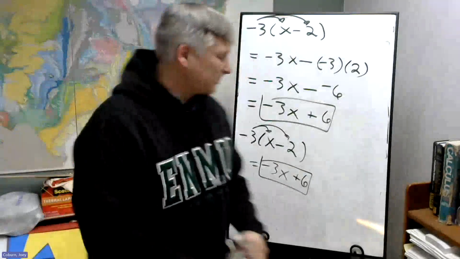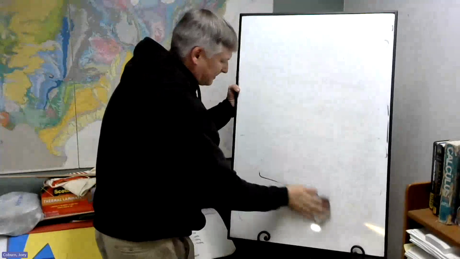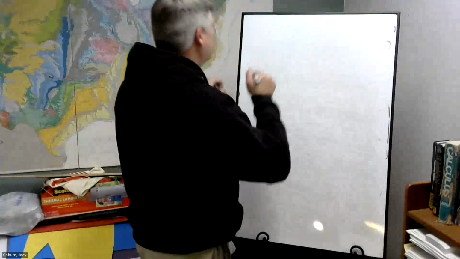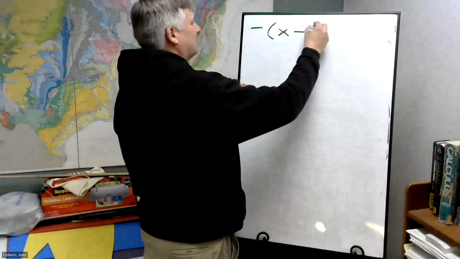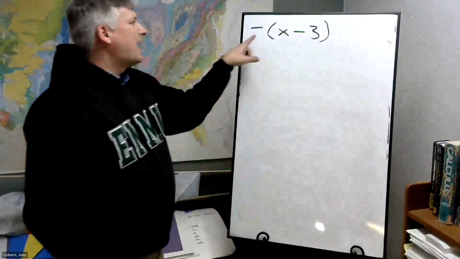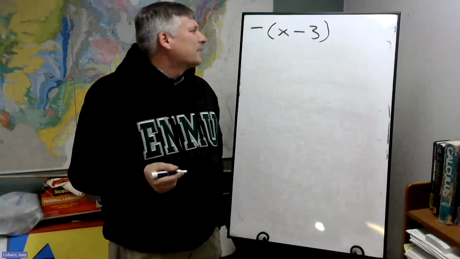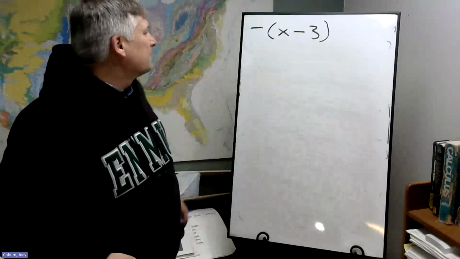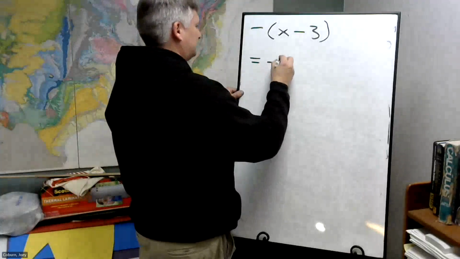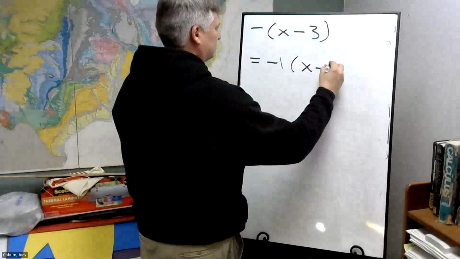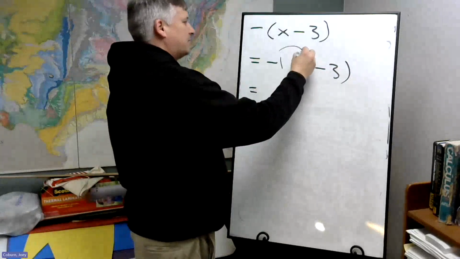Now, another special case, and you'll run into this from time to time, is this, a minus sign outside of the parentheses. And there's a couple ways you can look at this. We can call this a -1. And so we distribute the -1.